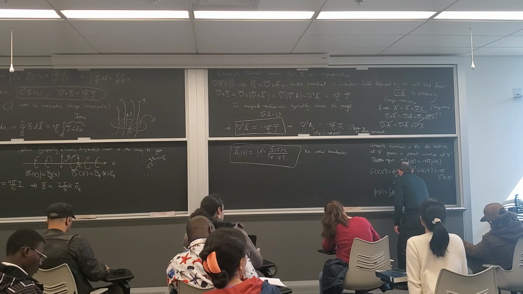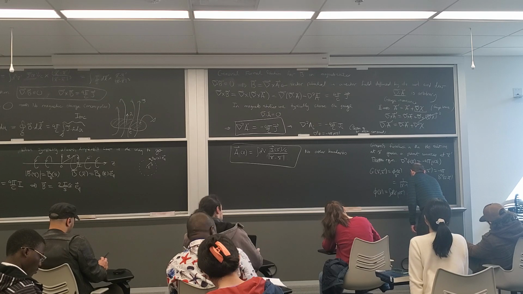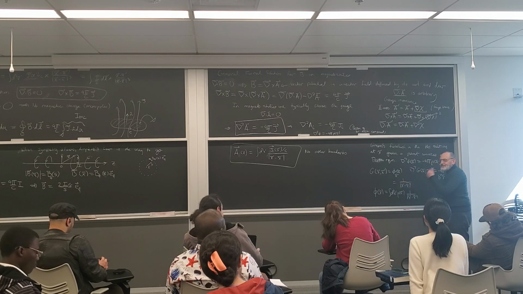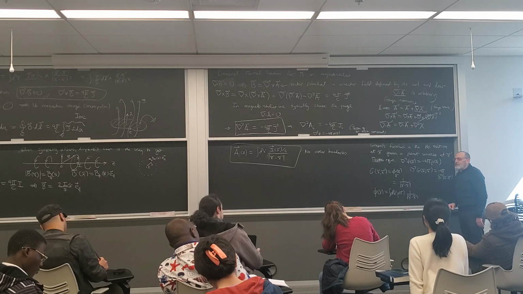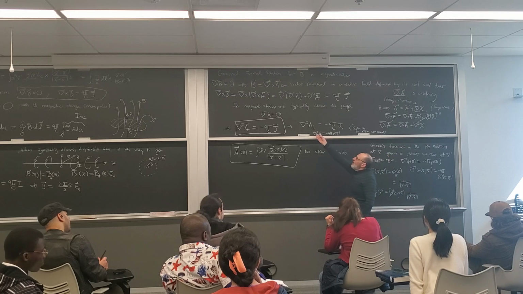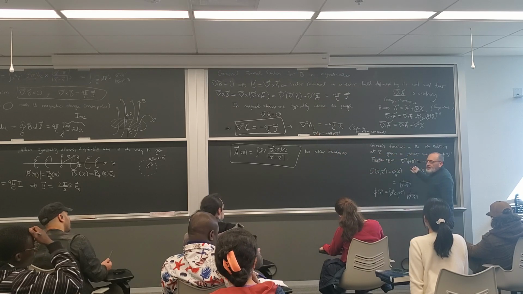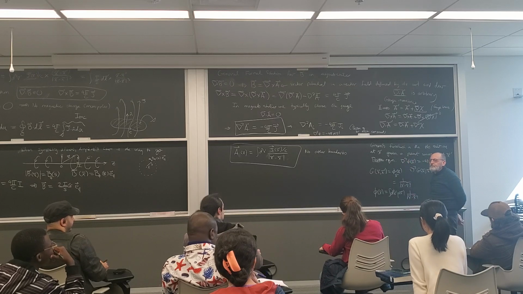That's the amount of charge at x prime times the solution. Ta-da! So each component of the vector potential satisfies the same equation as the scalar potential, and I just solve it in the same way.